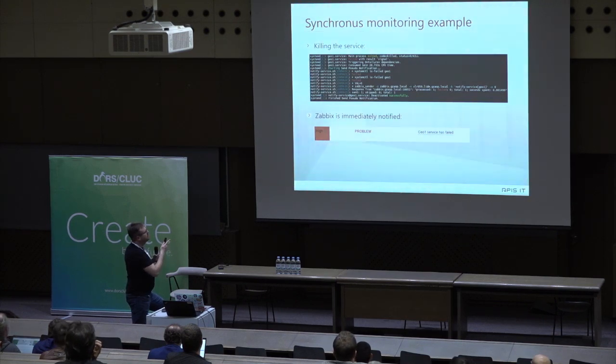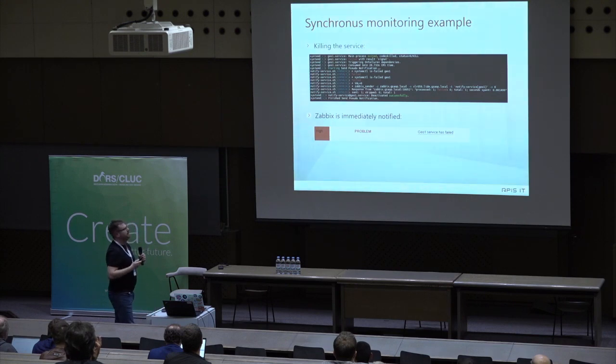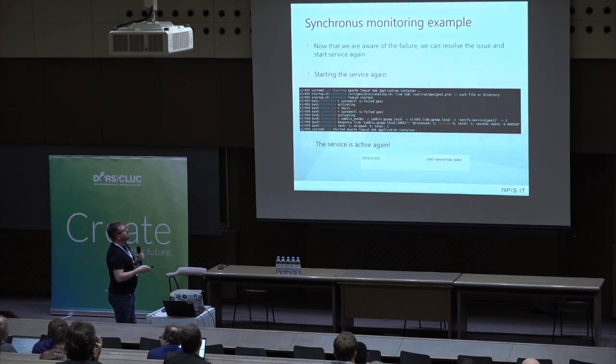And Zabbix has registered that there is a problem. It registered that immediately, which is very important to us when every second counts. So we are notified something is wrong. Please look at it.